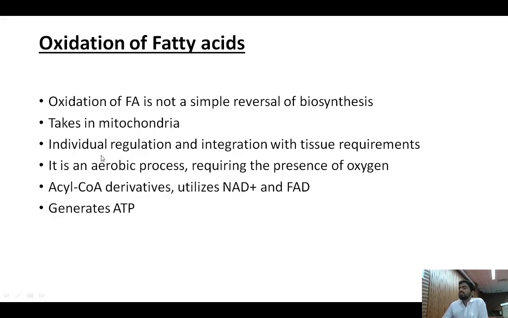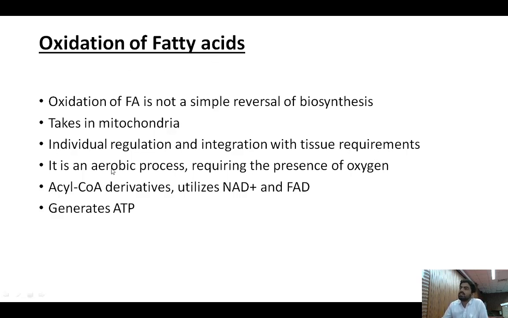In biosynthesis, the main enzyme was fatty acid synthase, a complex of 7 enzymes encoded by one single gene, one single polypeptide with functional division. But here all the enzymes involved in fatty acid oxidation are individual. So individual regulation will happen with integration with tissue requirement. Depending on the requirement in a particular tissue, fatty acid oxidation will happen in that tissue.